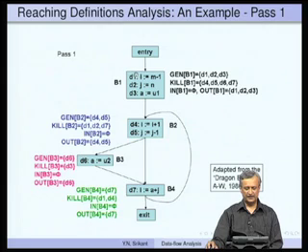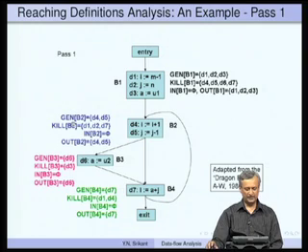In such a case, D1 would have been killed by D4, and the value defined by D1 would not have been visible after D4. So, gen B at this point would not have contained D1, whereas in this case all the 3 definitions are visible at this point. So, gen of B1 is D1, D2, D3.